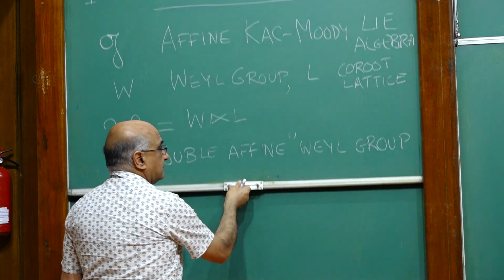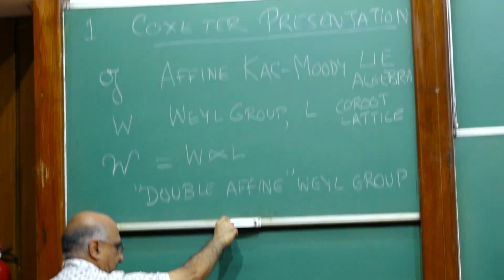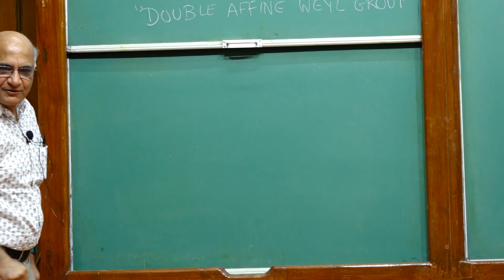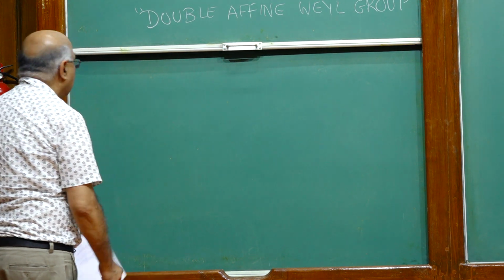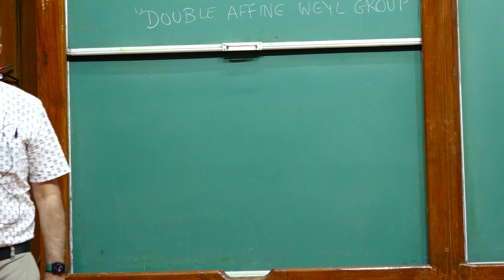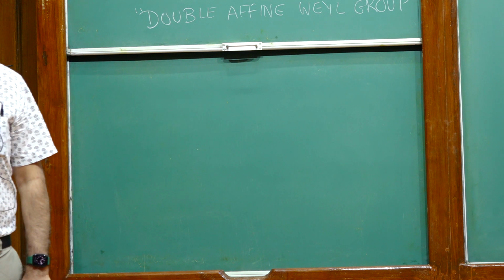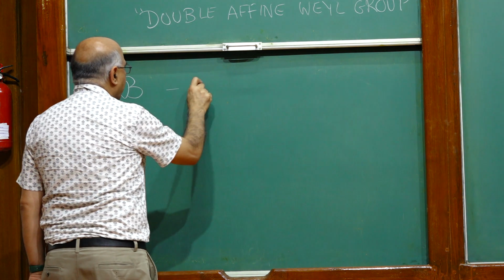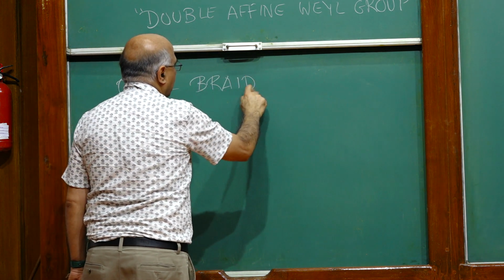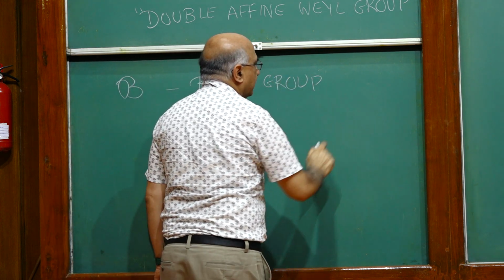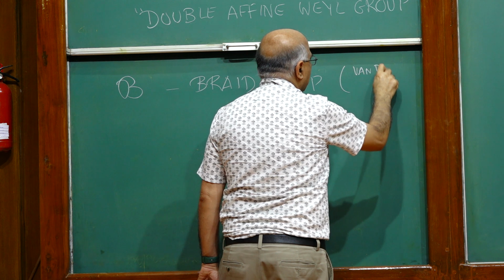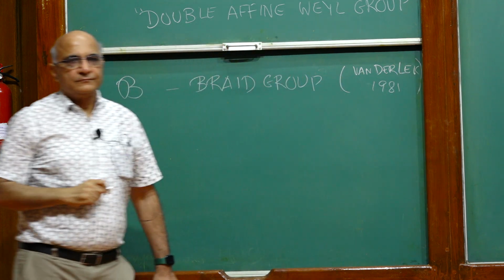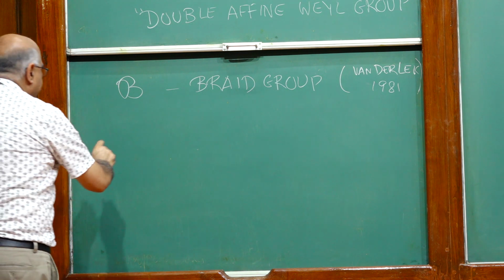I think this is the right way, otherwise things get obscure at the bottom. So when you have a Weil group, then you can construct a braid group and you can construct a Hecke algebra. This is the braid group, and this was done by van der Leck in 1981, and let's write H for the Hecke algebra.